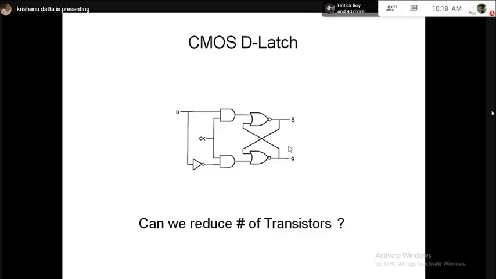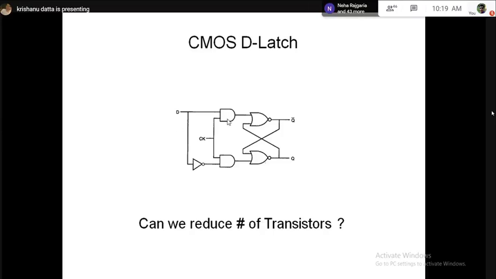Okay. Now, let's do a count of the number of transistors if we implement all these gates using CMOS. If we convert each NOR gate, AND gate, and inverter to CMOS, let's see how many transistors we have. Each two-input NOR gate has 4 transistors, 2 PMOS, 2 NMOS.